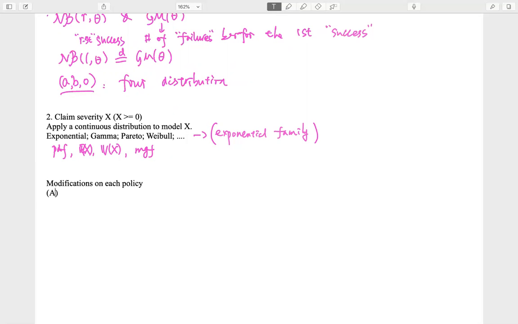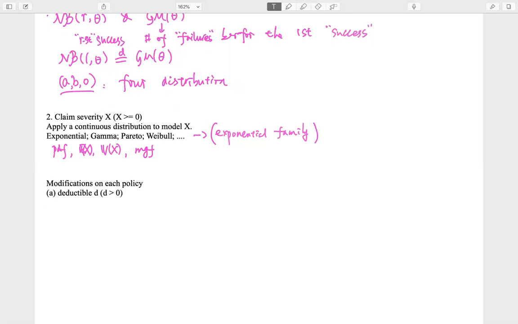The first one is deductible, D. Of course, we usually set D to be strictly greater than 0. This case is likely the most important one, and we often encounter a deductible in pretty much all short-term insurance, like auto insurance, home insurance, property insurance, etc.